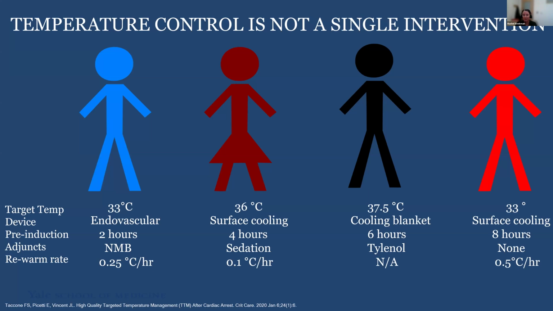Despite significant differences in patient phenotype and selected treatment parameters, these patients are all treated with temperature control. Patient 1 and patient 4 are both cooled to 33 degrees Celsius and both achieve a target temperature rapidly. However, patient 1 receives high-quality temperature control, and patient 4 did not.